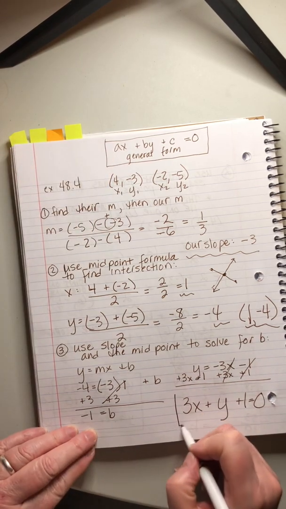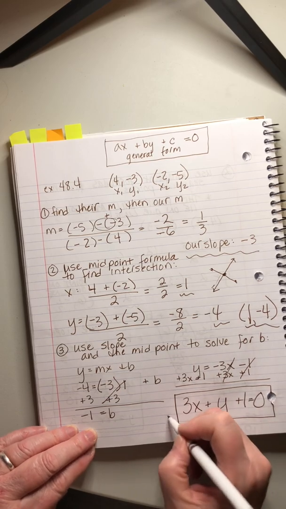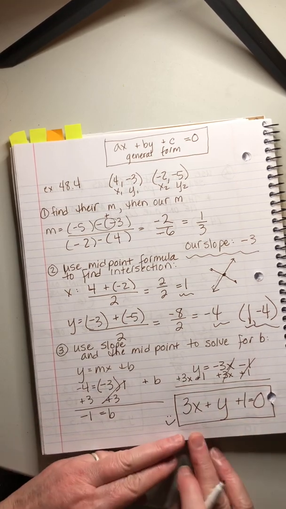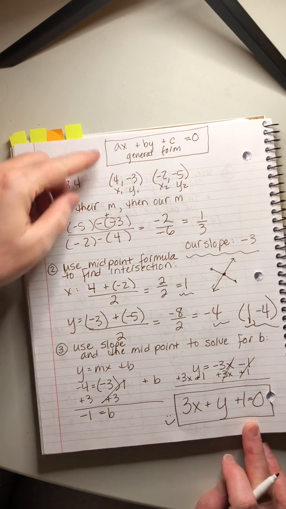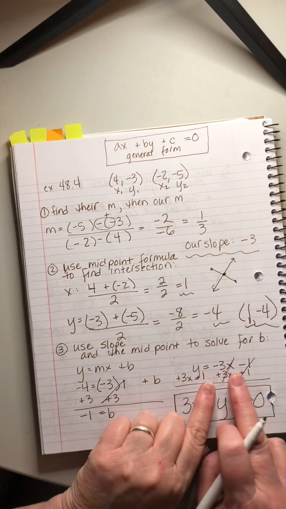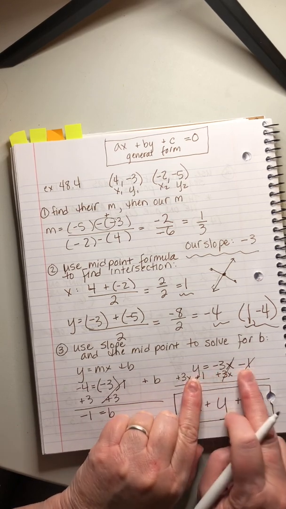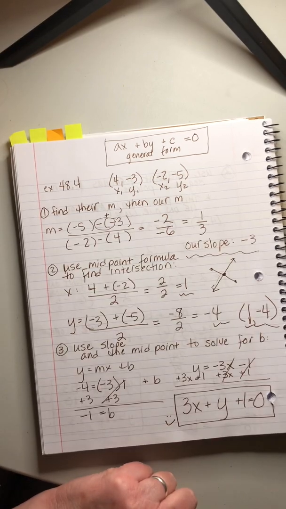Yay, we got the right answer. The only wrinkle this time around, plus John gave us way cuter answers. We just had to take it from our slope-intercept format, which we had right here, and make the final adjustment to get it to general form.